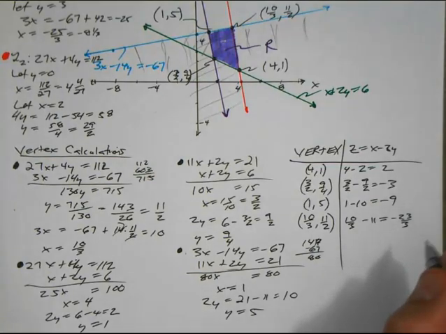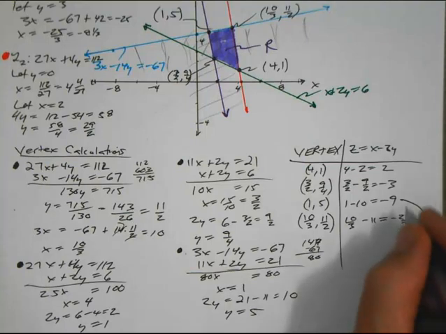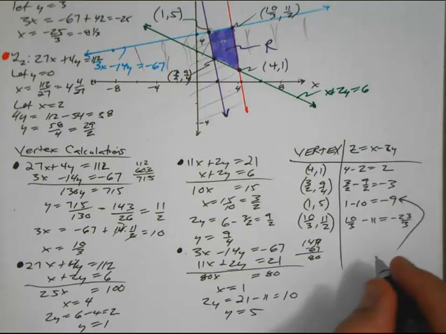Alright, now let's look these numbers over. We're looking for a minimum. What about this situation here? Negative 9, also known as negative 27 thirds, indicates that right here is our conclusion.